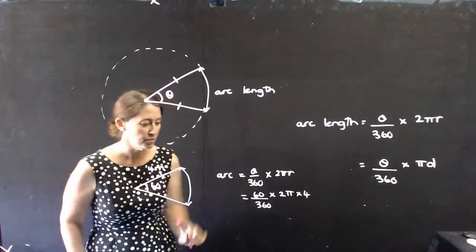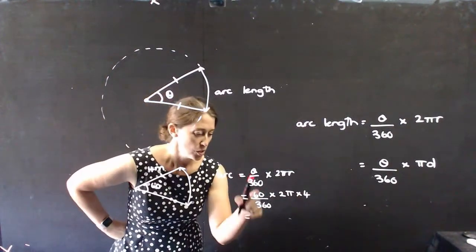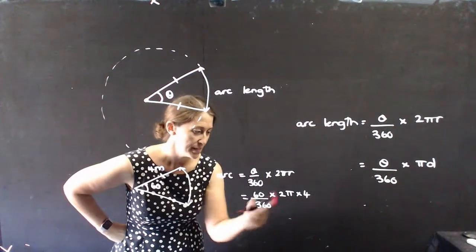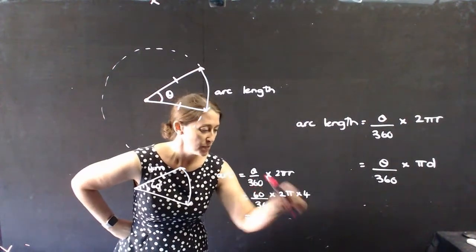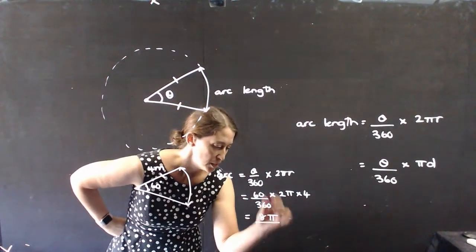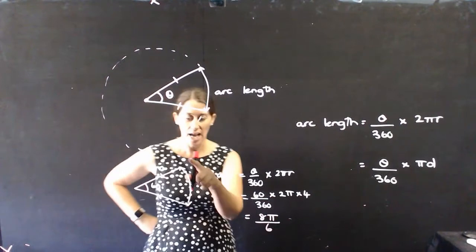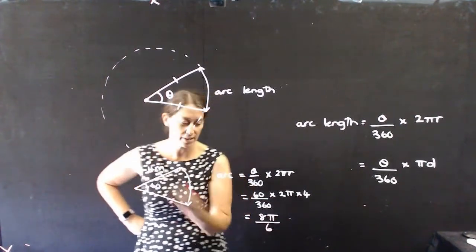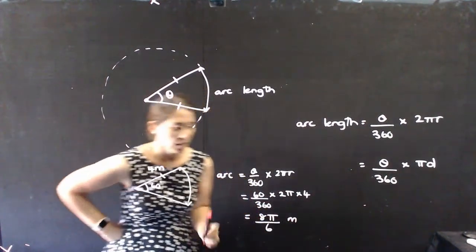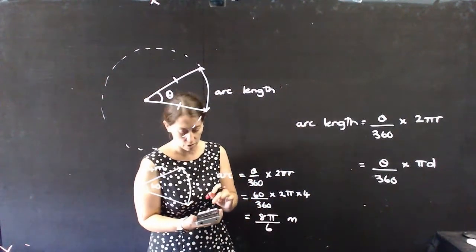Okay, so let's simplify this. This here becomes 1/6, so this simplifies, both go into 60. On the top I've got 8 pi, so I have 8 pi over 6 currently. Now that is the arc length, and I'm in meters, and it's a length. Now, approximately as a decimal, I have to work all this out on the calculator.